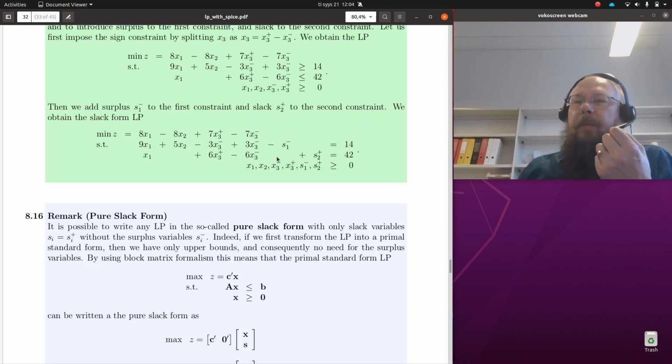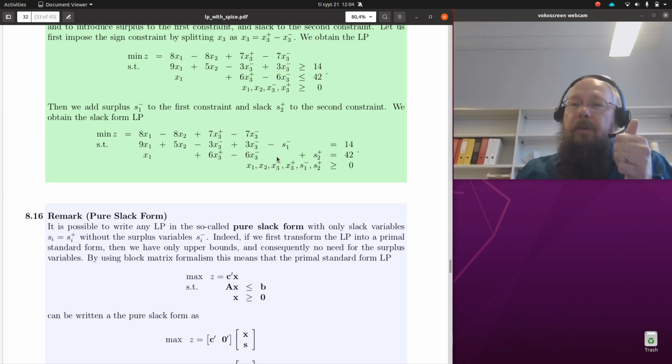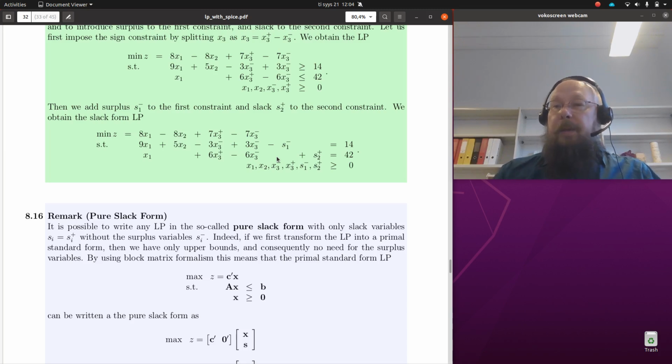And indeed the slack variable is unique to each row, so it will be introduced to that constraint, and not to the other ones. And if you start doing this, you end up building diagonal ones and everywhere else zeros, and this is of course what we call the identity matrix.